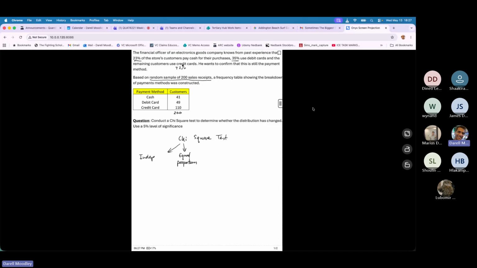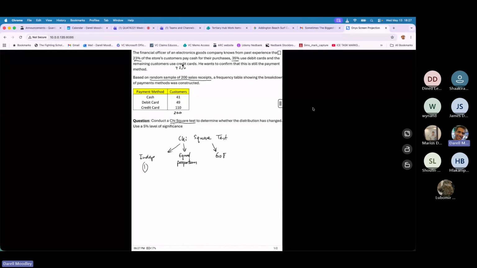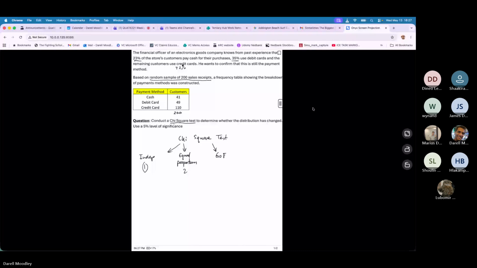And lastly, now we're doing the goodness of fit test, GOF. This question didn't tell you to conduct a goodness of fit test, it just says conduct a chi-square test. So part of your assessment is to determine which test it is: is it 1, is it 2, is it 3? You have to be able to figure that out.